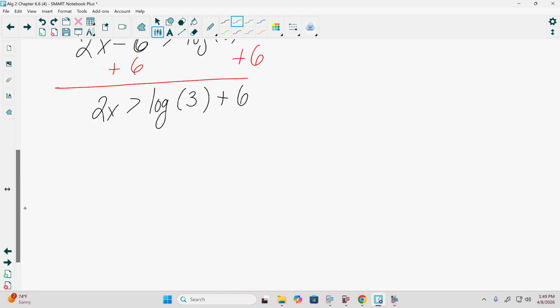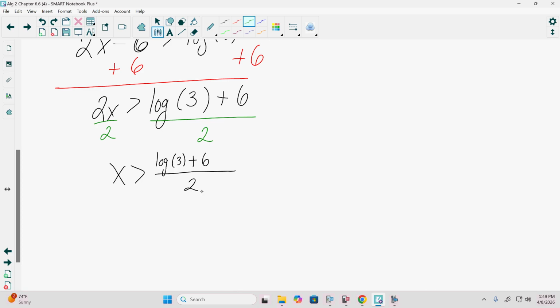We cannot add the 3 and the 6 because the 3 is inside the log and the 6 is outside. So we just get log of 3 plus 6. Yes, x is indeed not by itself, so we have to divide both sides by 2, telling me x is greater than log of 3 plus 6 divided by 2.